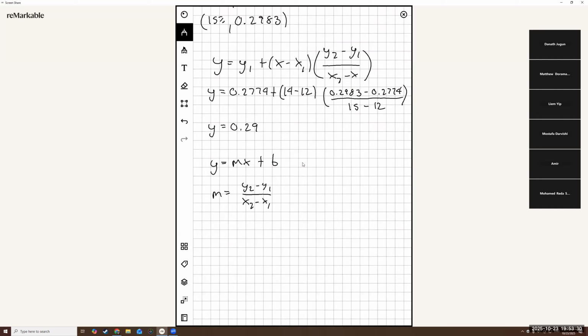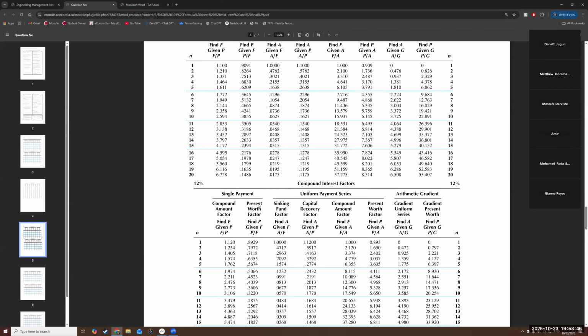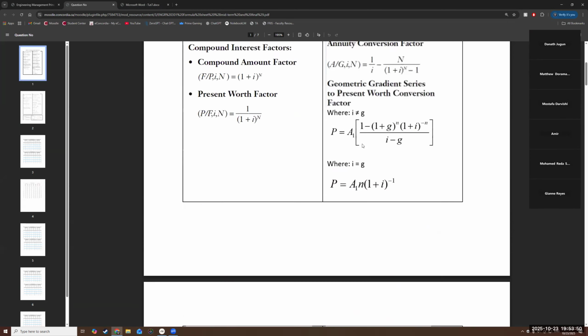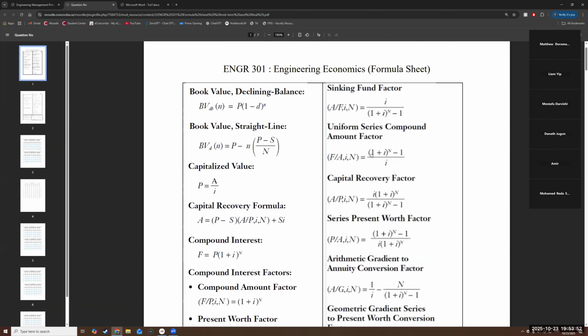Yes, then if you have a question. Would you recommend doing interpolation or just using the formula in the previous formula? So here's what I would do. If you have to interpolate, I would prefer to use the formula. Okay. That's what I would do.